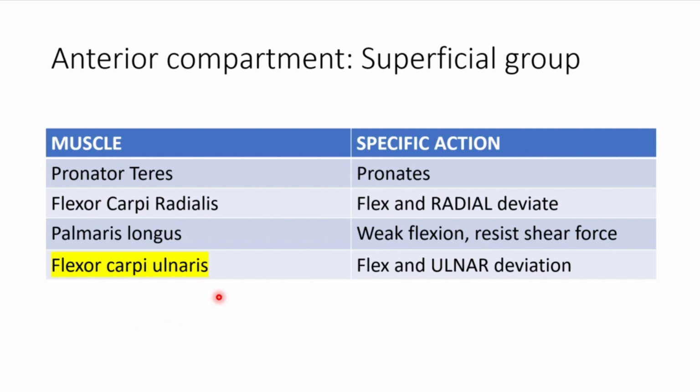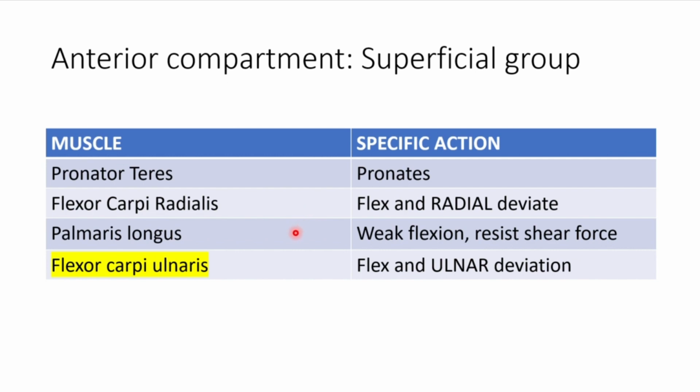The superficial group includes the pronator teres, which serves to pronate the forearm. The flexor carpi radialis flexes the forearm and provides radial deviation in the lateral direction.